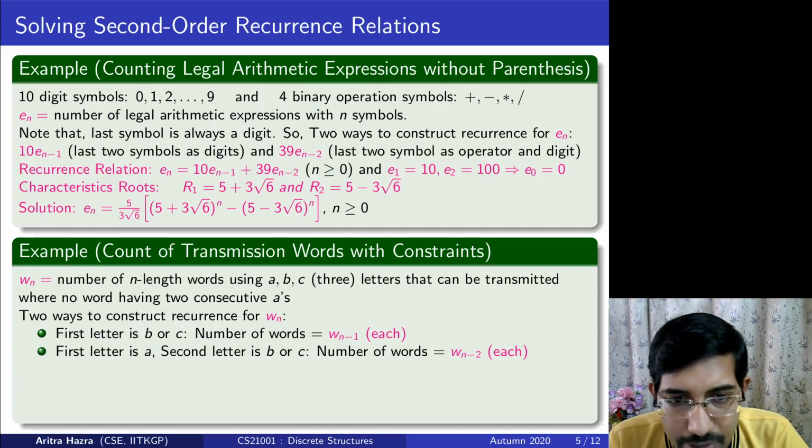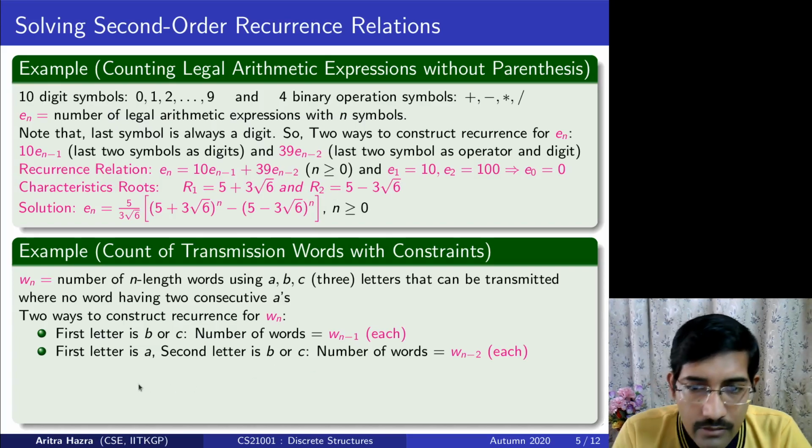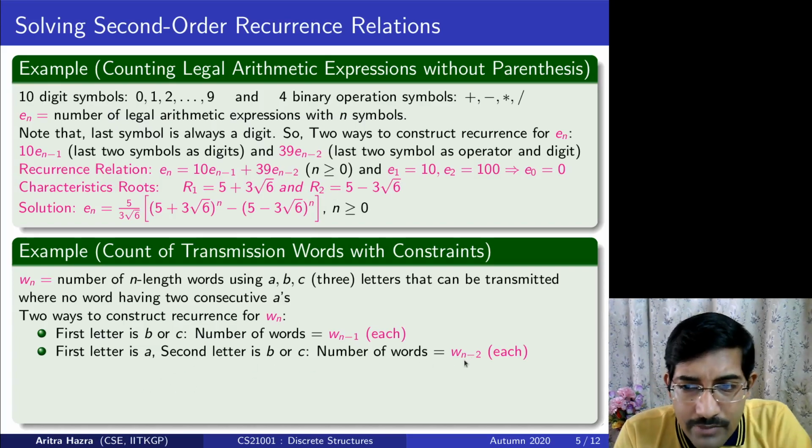There are n minus 2 length words possible, so for each of them there is Wn minus 2.